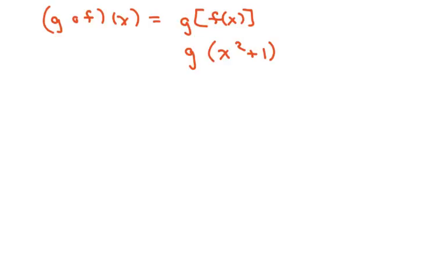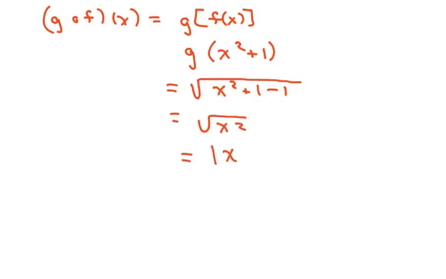Then you put in your g, so everywhere there's an x, you put x squared plus 1, minus 1, which equals the square root of x squared. Anytime you have something like this, it's going to be the absolute value of x. So since my inner function was all real numbers, and this can be all real numbers, our domain is all real numbers.